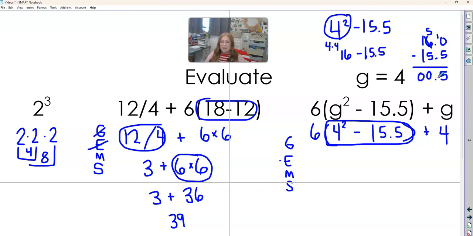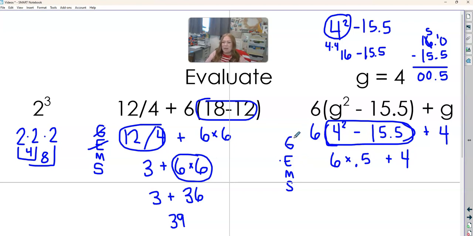We have 0.5. 5/10 is a half. We just have half left here. So 0.5. Bringing down that plus 4. And then this is not 6.5. It's 6 of these, 6 of the halves. So we're multiplying that. So just remember, even in our group, we still follow the rules.